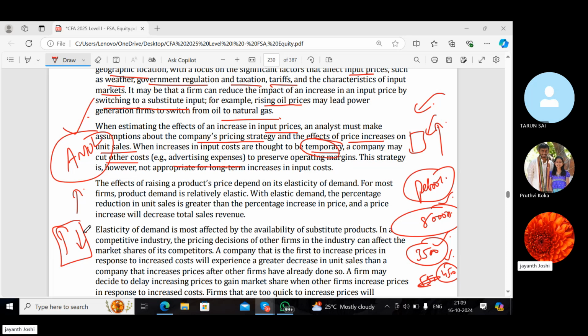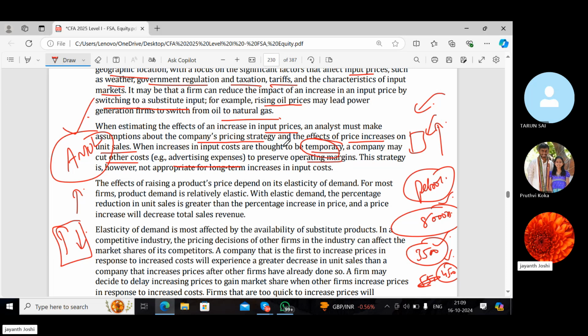If the other firms are not reacting immediately, then the firm we are speaking about right now will also not react immediately. In an oligopoly market, when there are few firms, they closely watch each other's reaction to changes in certain input prices or certain other factors. So they will do temporary arrangements so that it may not impact their operating margins.